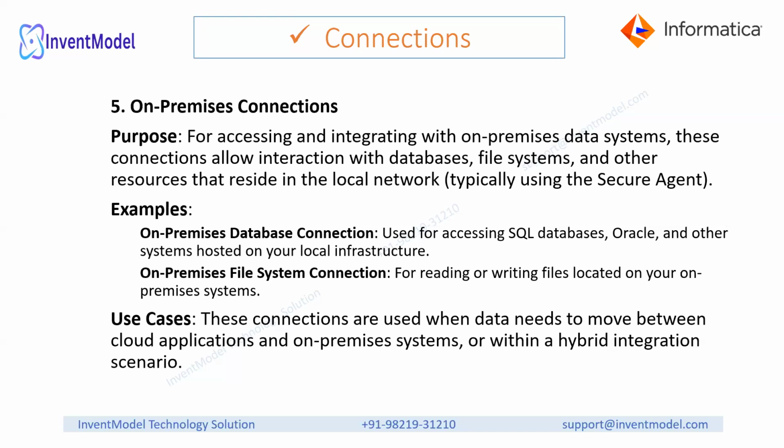So if things like database files lie on your local network, and you want to load that data to another place, or extract the data to another place, in that case we have to go for these on-premises connections. It could be an on-premises file system, on-premises database, it could be anything.